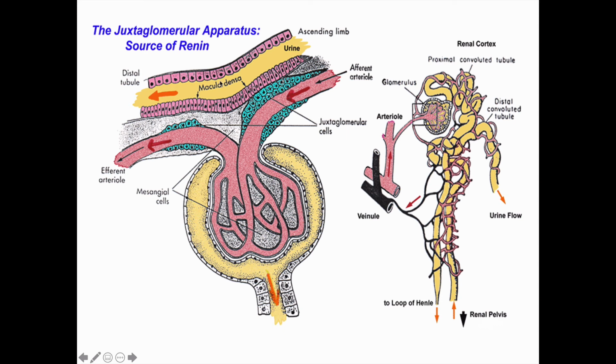At the neck, at the distal convoluted loop of Henle duct, there are some cells called macula densa cells. If I cut this loop of Henle and keep it here, in it there are cells called macula densa.